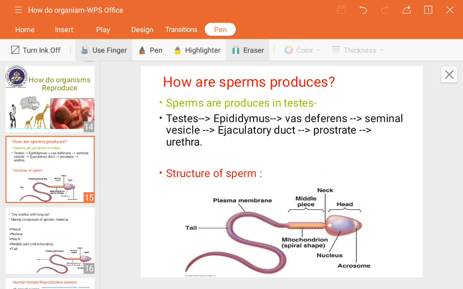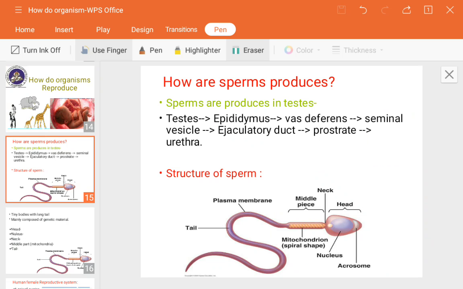The head consists of nucleus and acrosome. After the head, the curve-like shape is the neck. The middle piece and the head get connected by the neck.